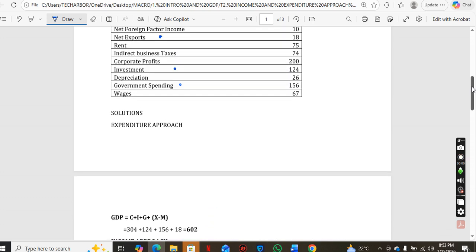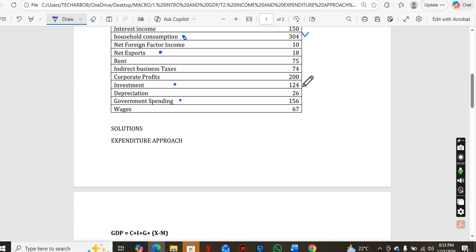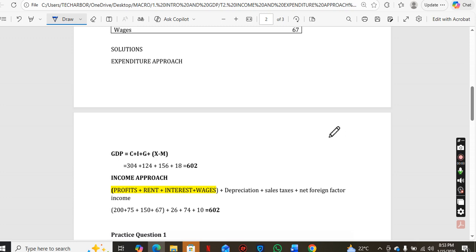Investment expenditure, spending by businesses, 124. Government spending, 156. Net exports, 18. So we just add these four things. 304 plus 124 plus 156 plus 18, we get 602.